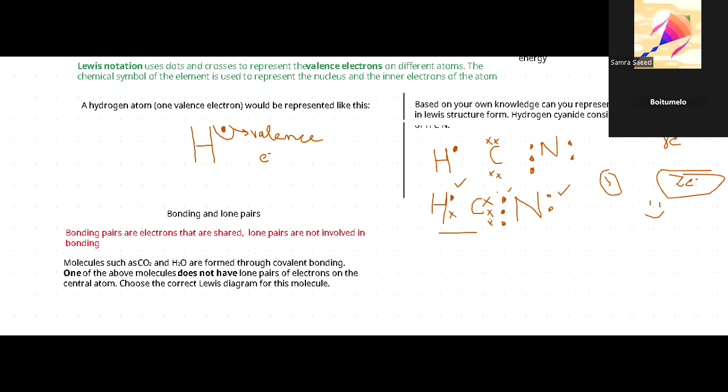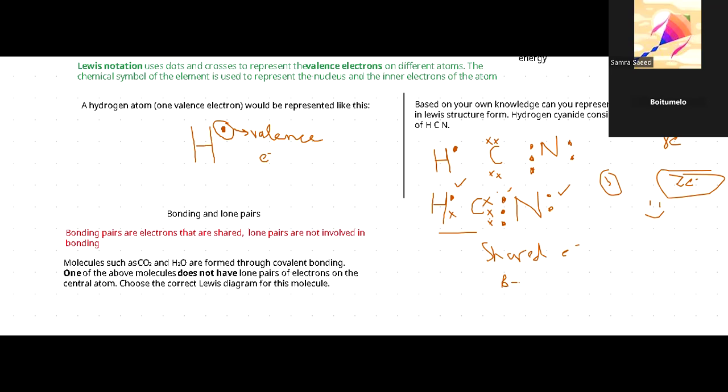So shared electrons are called bonding pairs, okay? And the ones that do not get involved in bonding, like these two here, are not involved in bonding.